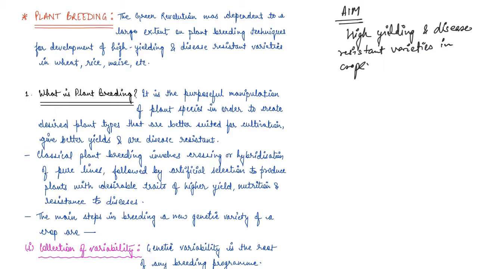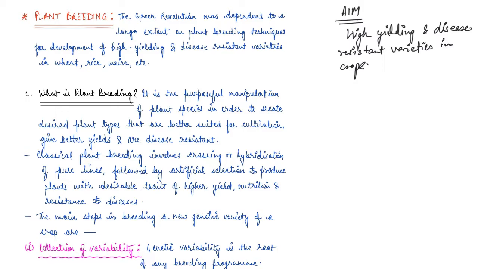So what is plant breeding? It is basically purposeful manipulation. We are manipulating the naturally occurring plant species in order to create desired plant types which are better suited for cultivation, give better yields and are disease resistant.